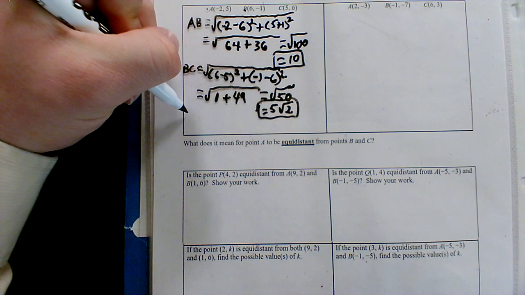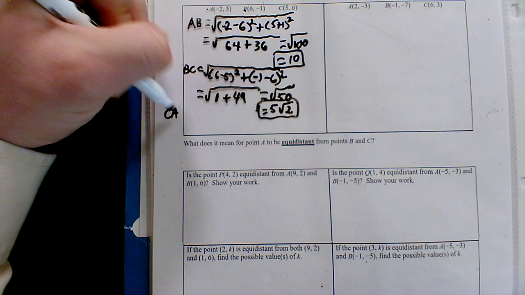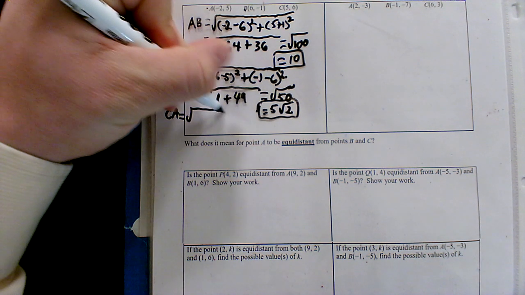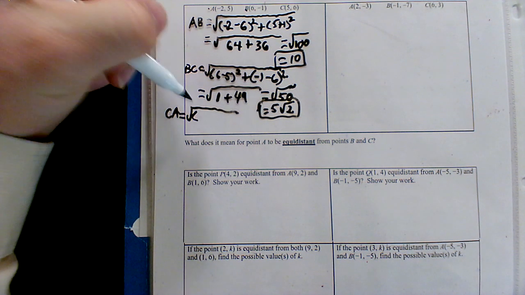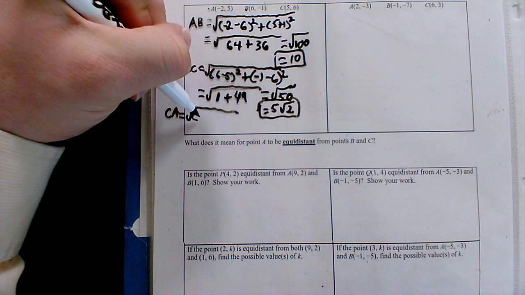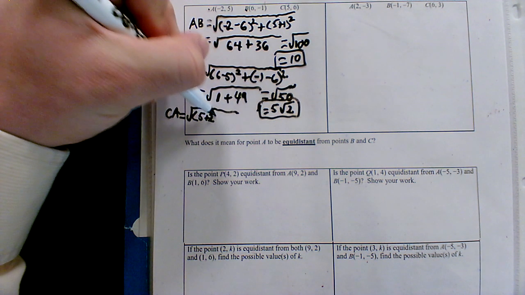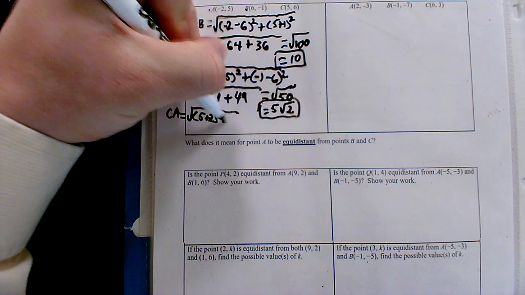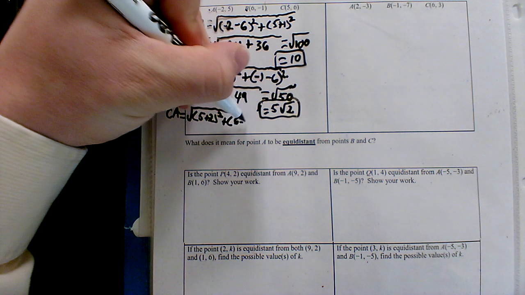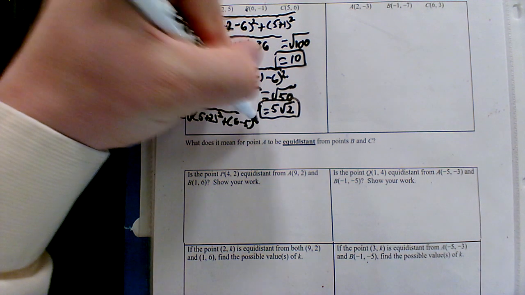Okay. And lastly, we're going to find from C to A. Starting with C, we'll have 5 minus negative 2, so that's 5 plus 2 squared, plus 6 minus 5 squared.